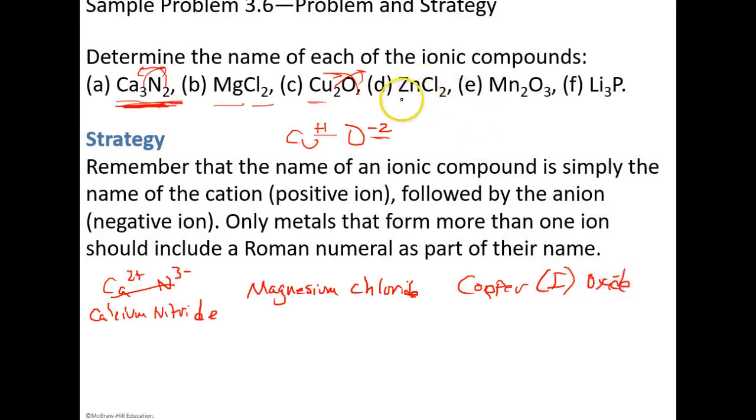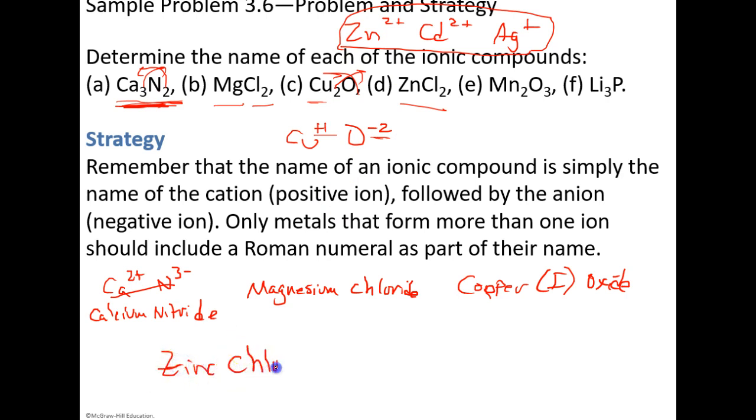All right, zinc and chlorine. Zinc is a transition metal, but it's one of those exceptions that I told you. Remember the exception? Zinc 2+, cadmium 2+, and silver +. These are the only 3 exceptions of the transition metals. So this is just simply called zinc chloride.